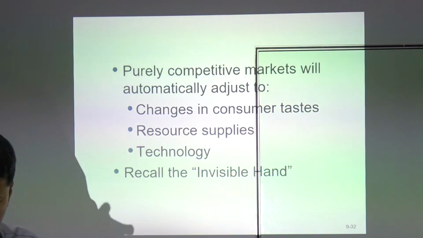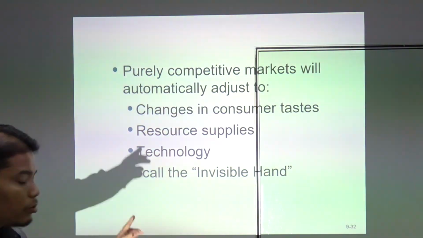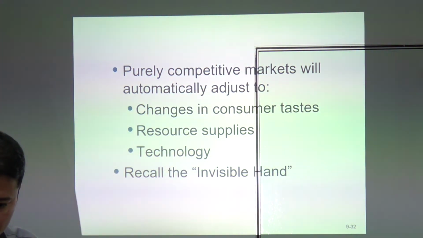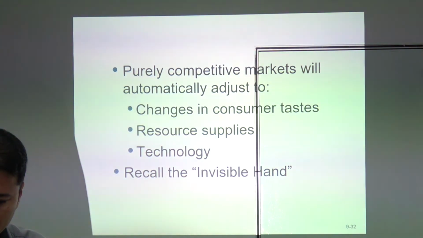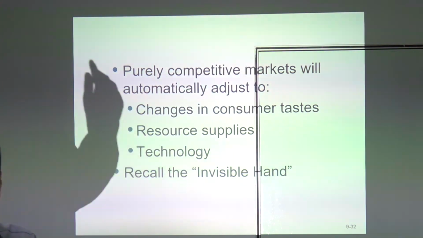So if there is a change in trends, consumer taste, or the way to produce, they need to adjust as soon as possible in order to keep themselves competitive in the market, including adopting new technology to cut down their costs. Remember, in pure competition, the firms cannot make any changes to the price. The price is taken from the market equilibrium price.